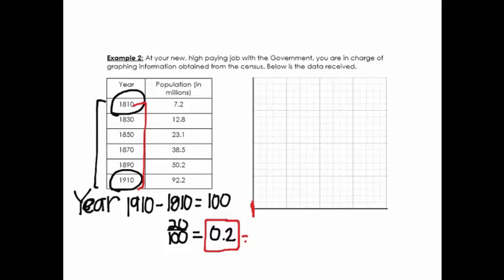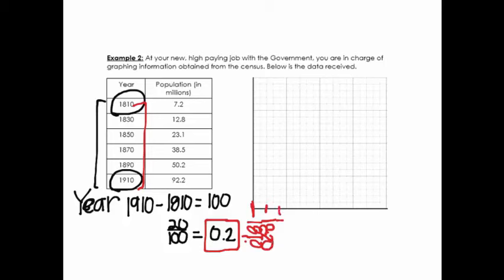So this starting year is 1810. The next box would be 1815. To save some space, I'm just going to do 1820 on my paper, but know that every box is really 5.